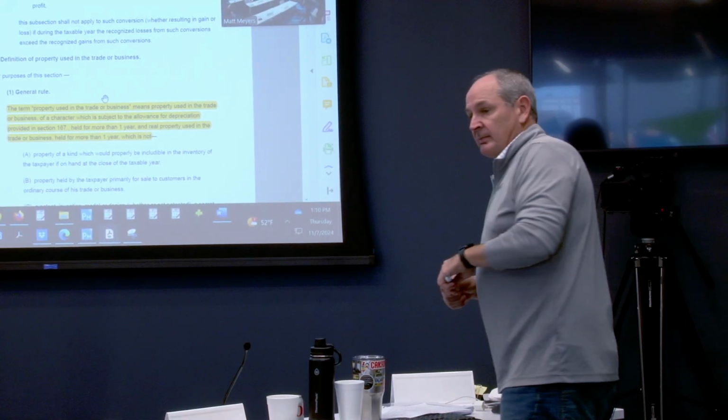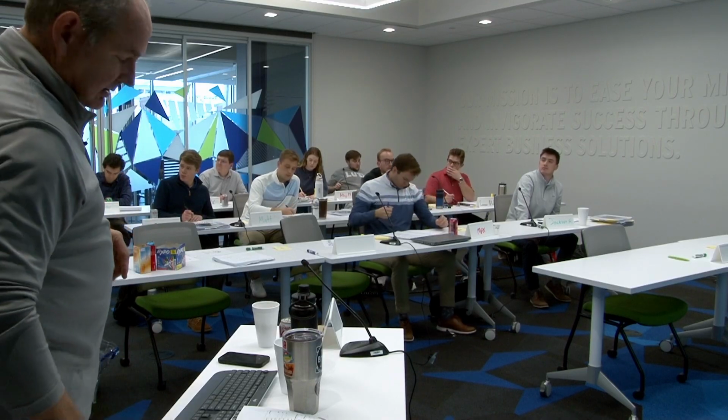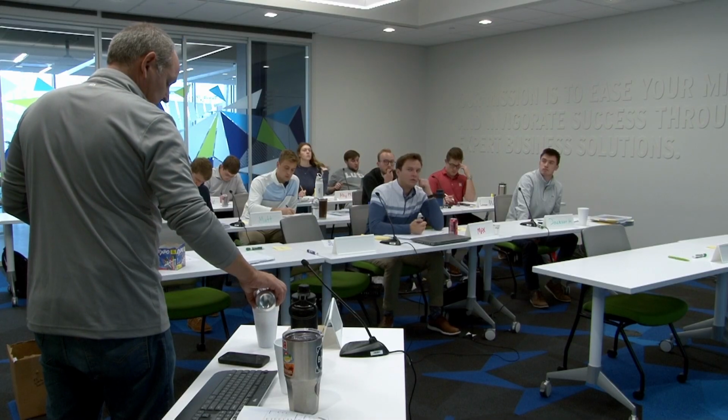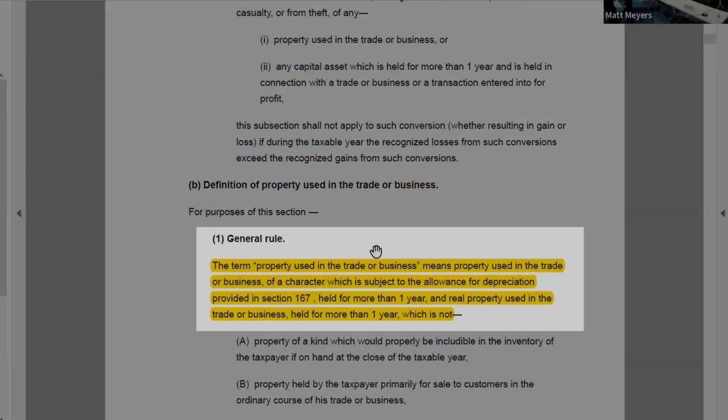So the definition, Matt, who do you want to call in? Let's go, Carter. Carter, can you tell me what a 1231 asset is by definition? Property used in the trade or business of a character which is subject to the allowance for depreciation provided in section 167, held for more than 1 year, and real property used in trade or business, held for more than 1 year.